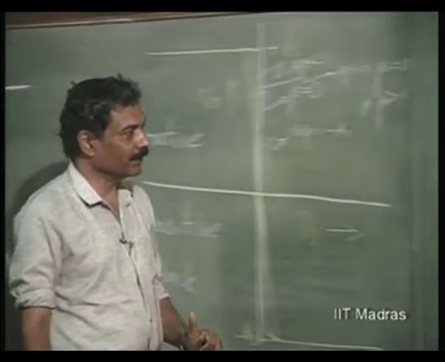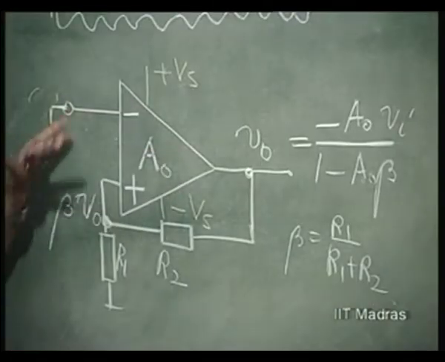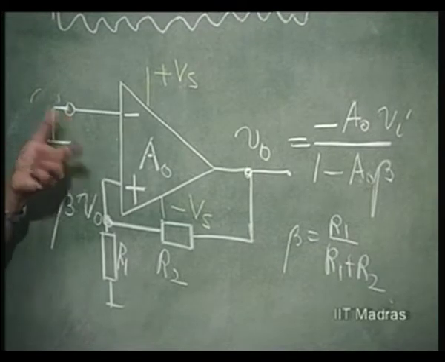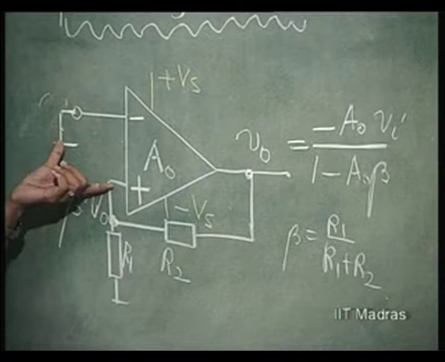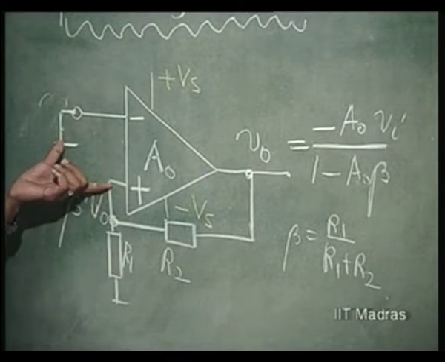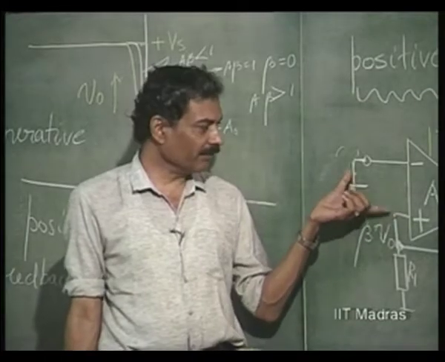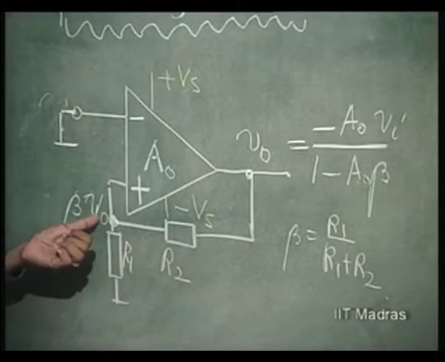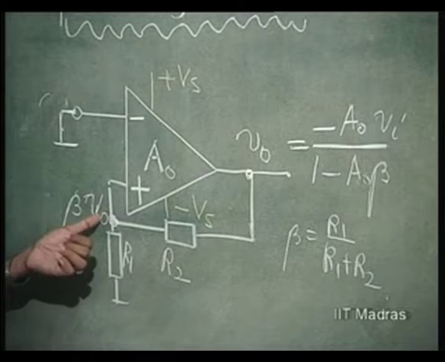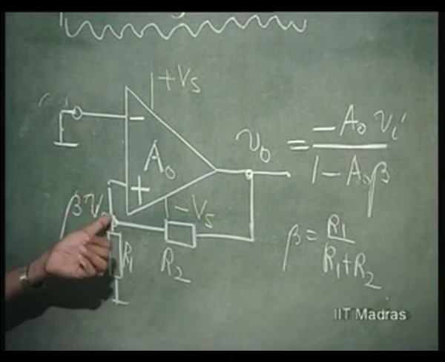Same thing happens here. A small disturbance, whether it is positive or negative, let us assume that it is 1 microvolt disturbance, that can happen even by just switching on some power source. That 1 microvolt disturbance will be amplified by A naught and beta, appearing at that moment as a value which is greater than 1 microvolt.